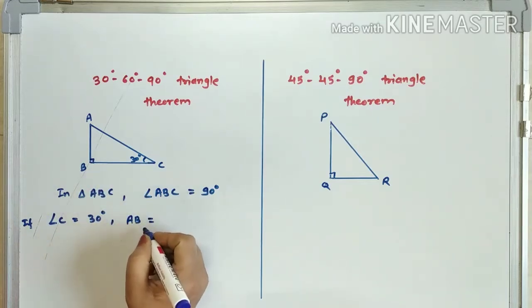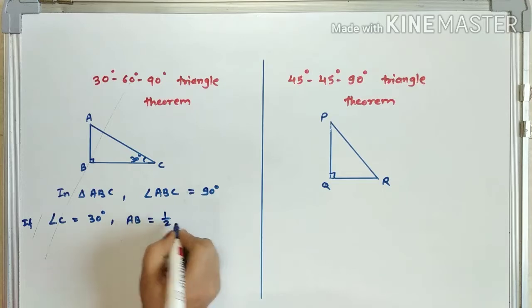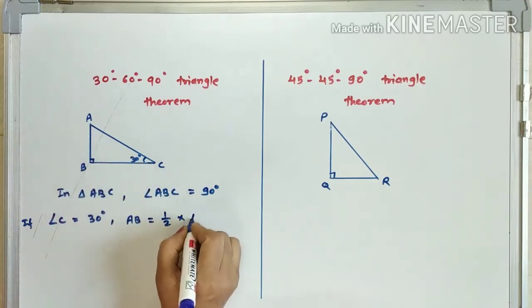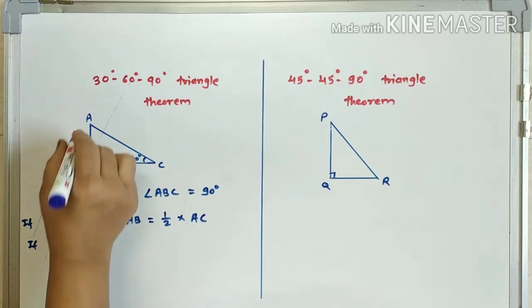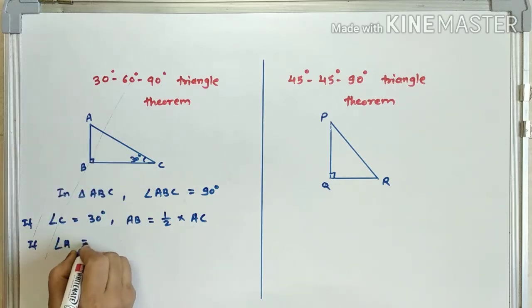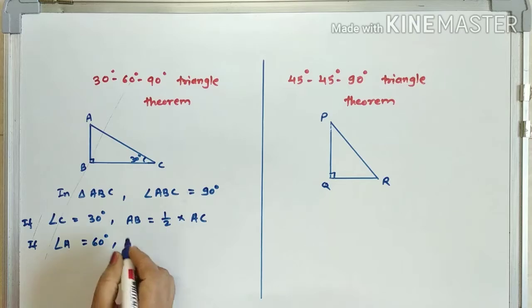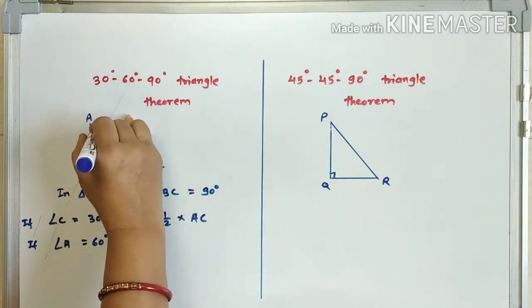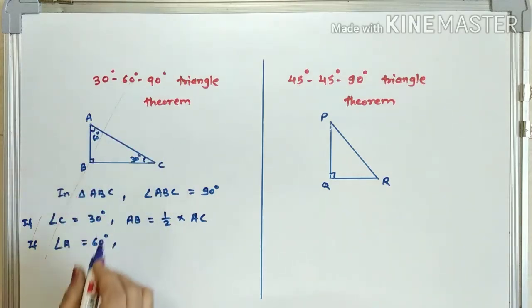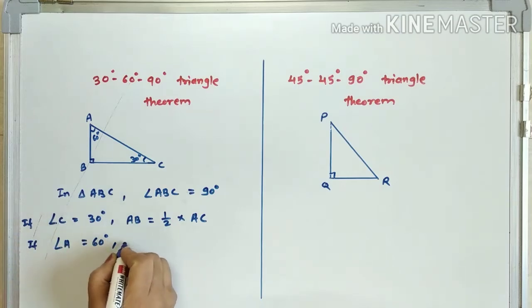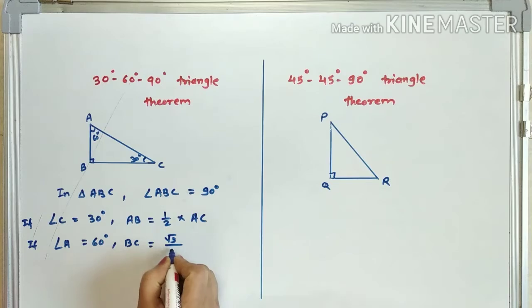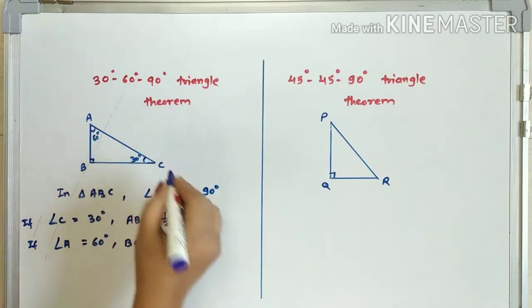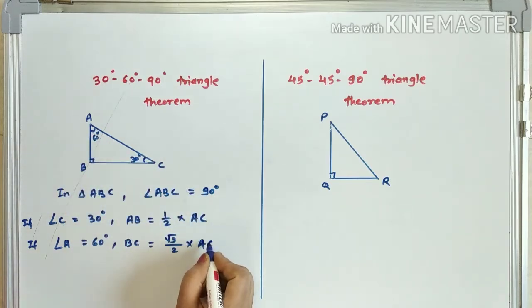So AB equals half into hypotenuse AC. If angle A equals 60 degrees, then the side opposite to this 60 degree angle is BC, equals root 3 by 2 times the hypotenuse AC.